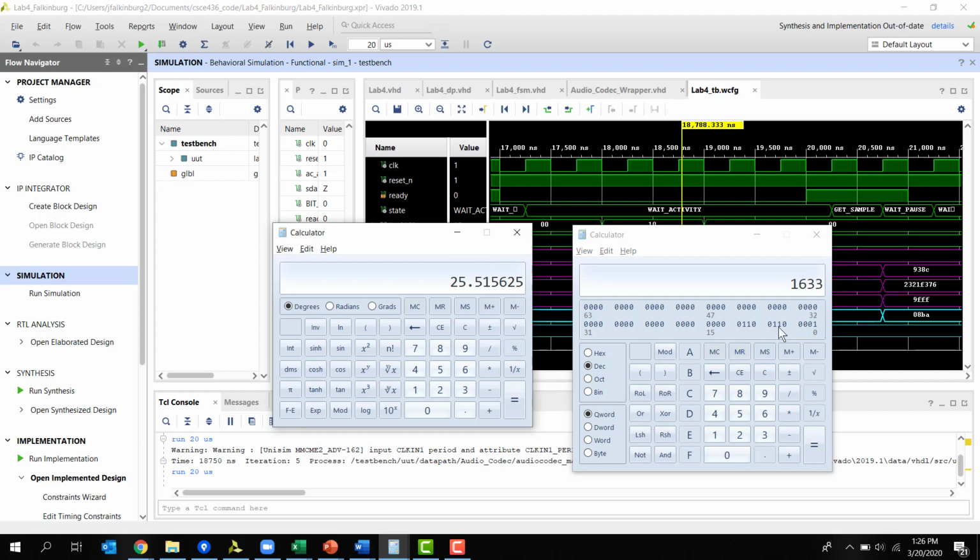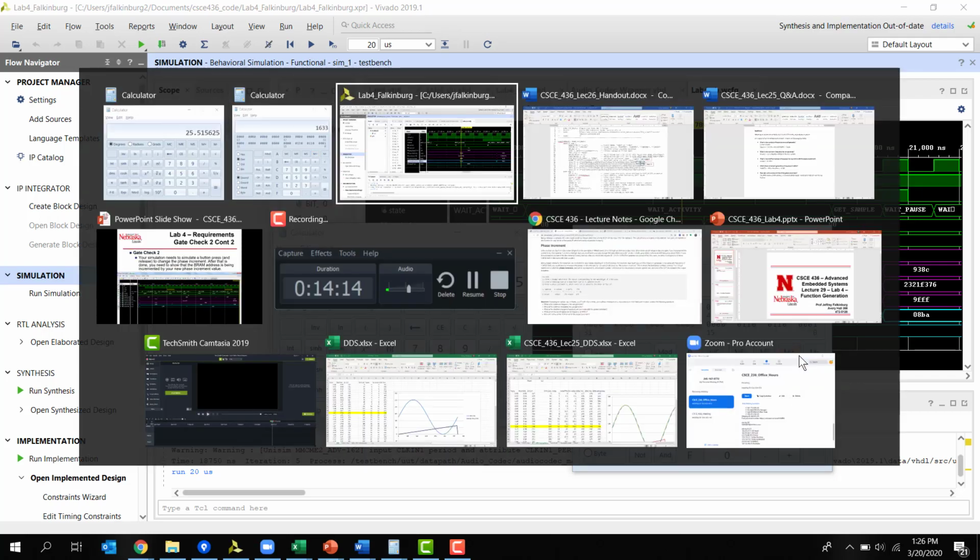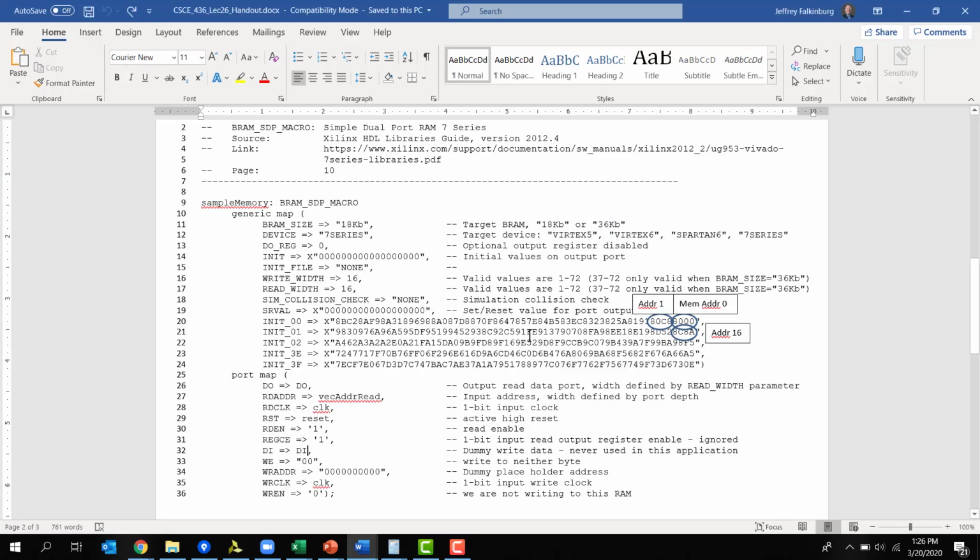Or you can just basically erase the lower 16 bits here, and you get that value. So that's 25, index of 25 in here.